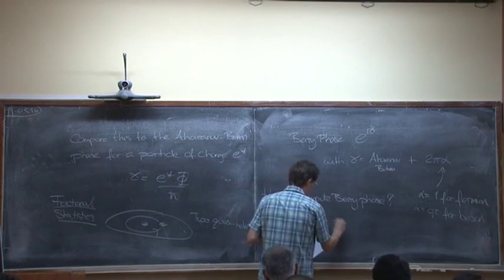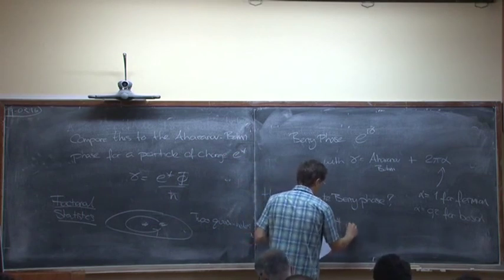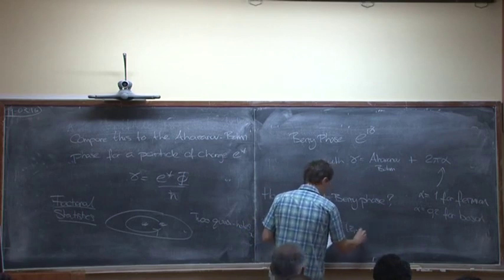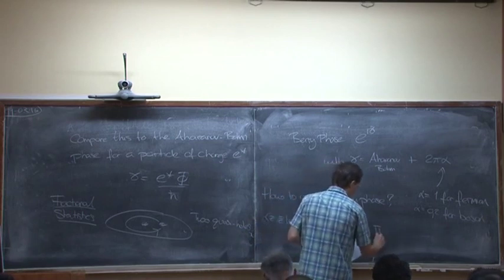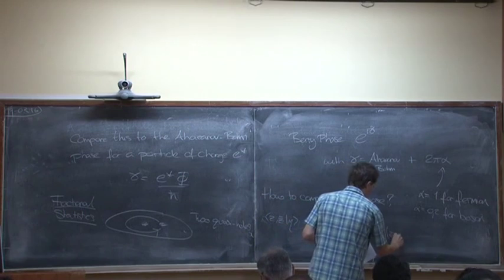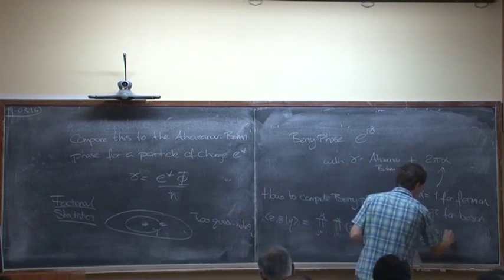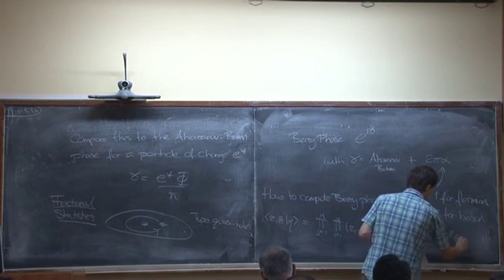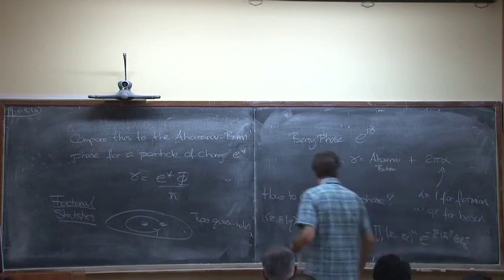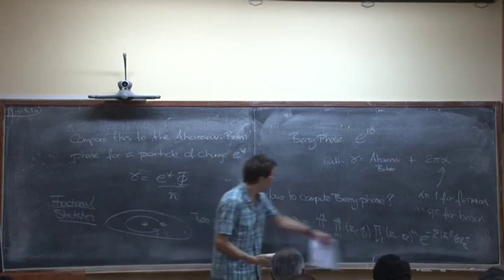M is the number of quasi-holes, N is the number of electrons, so now we have one of these factors for every quasi-hole.